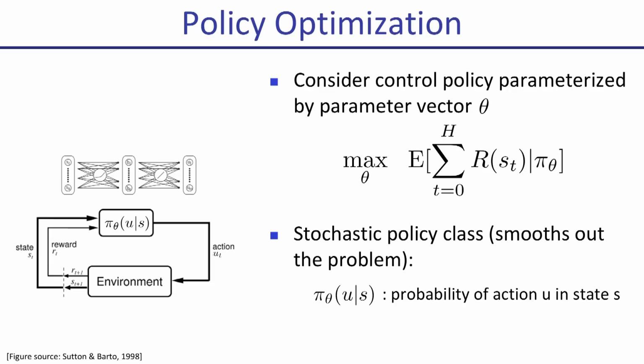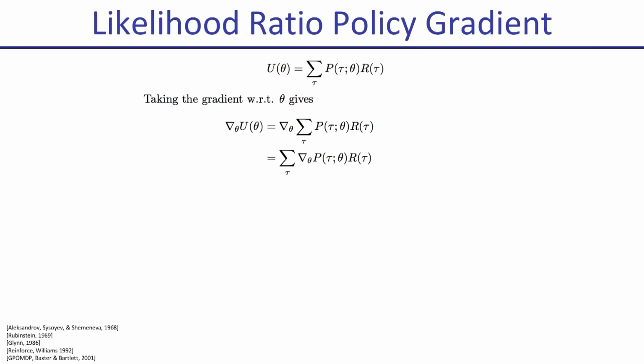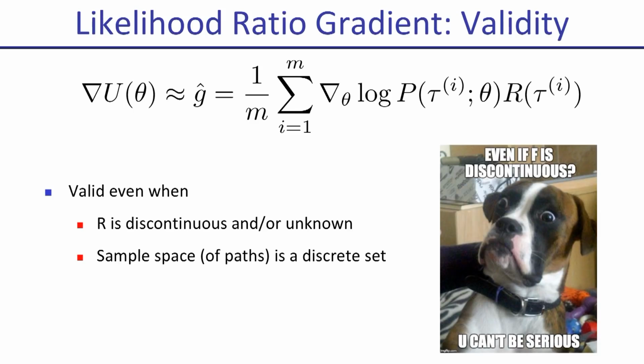This is a different kind of derivative. There are no derivatives of reward happening here. It's completely different. As a consequence, even when the reward is discontinuous, we can apply this equation. It's valid. Even when we don't know the reward function, but we just experience a number that's the reward as we roll out, that's all we need for this equation.